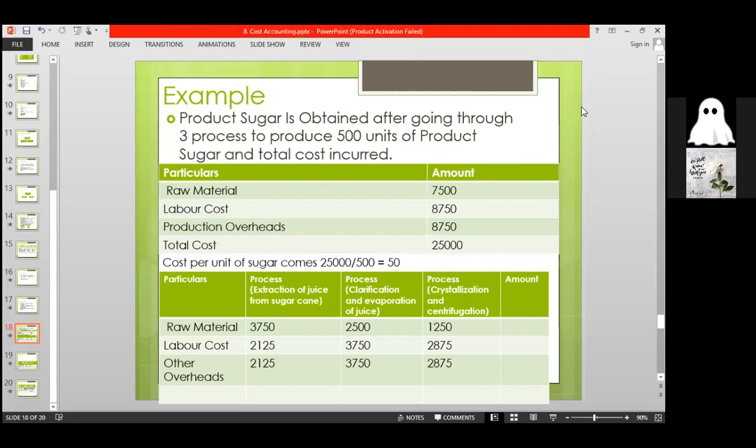The total costs incurred are raw material, labor cost, and production overheads, giving a total cost of 25,000. Then the cost per unit of sugar comes out to be 25,000 divided by 500.